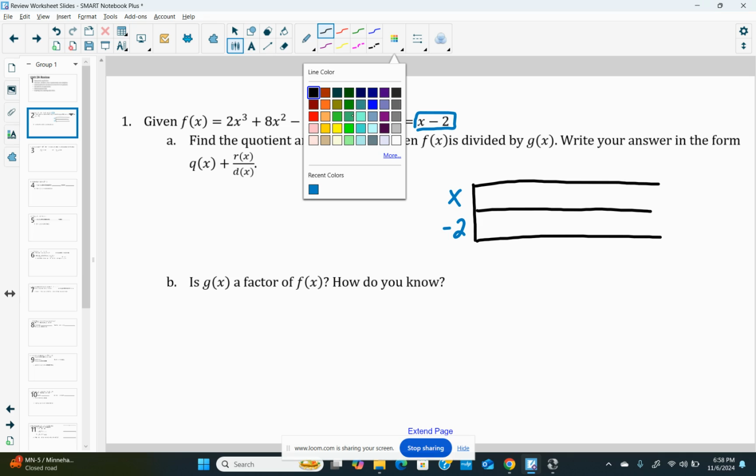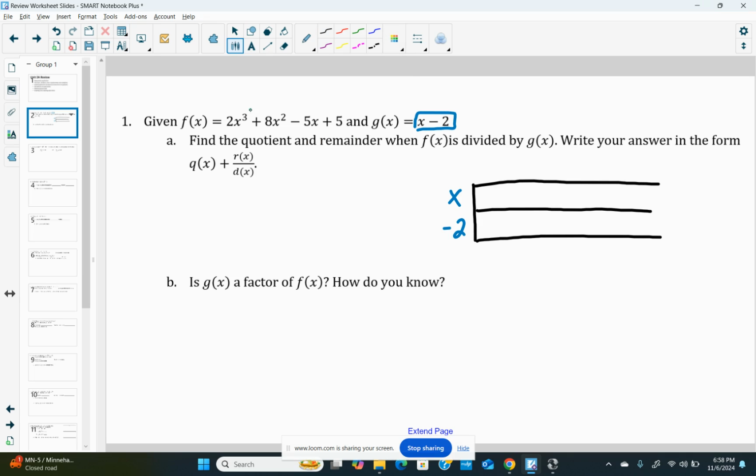And so this first term here goes inside of your box. And now you can kind of fill up your missing information. So x times this space up top will multiply together to give us 2x cubed. So x times 2x squared will give us 2x cubed.